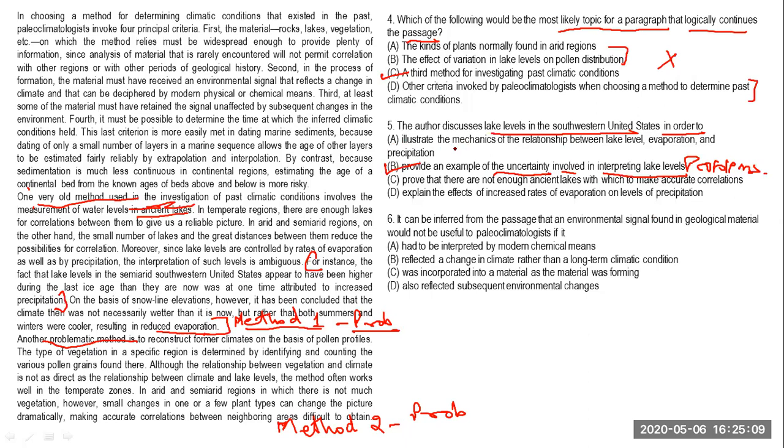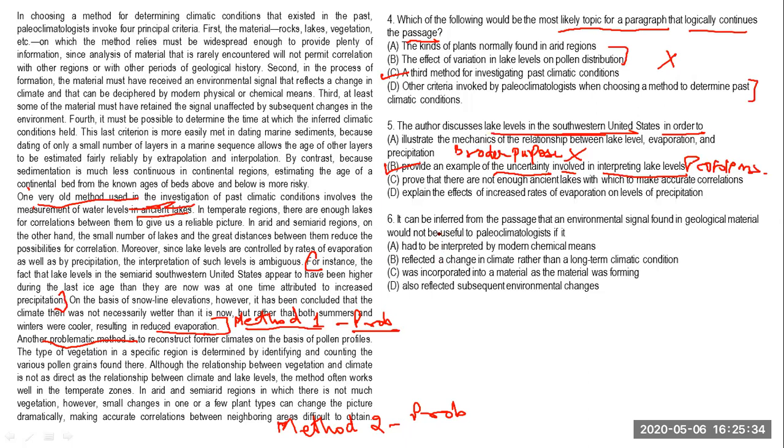A was a tempting choice, illustrate the mechanics of the relationship between lake level, evaporation and precipitation, but this is not the broader purpose. The passage discusses method 1 and its problems, method 2 and its problems. So this was not the broader purpose behind discussing the lake levels in this particular region.